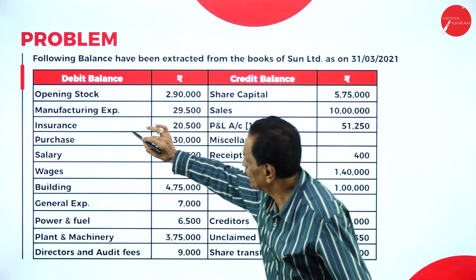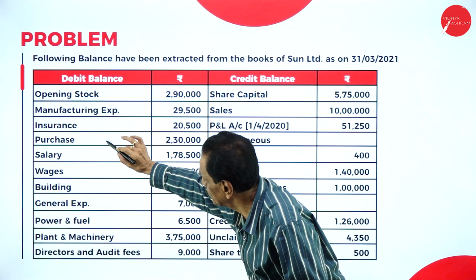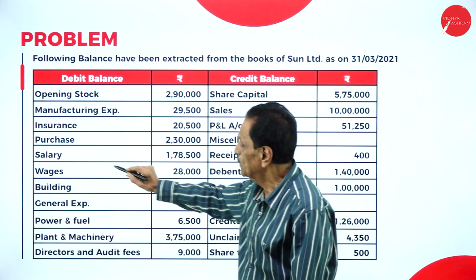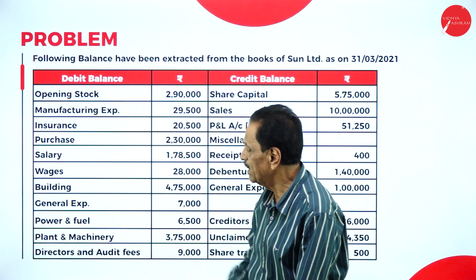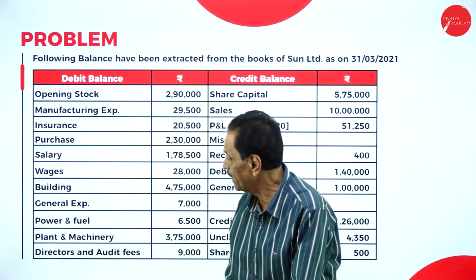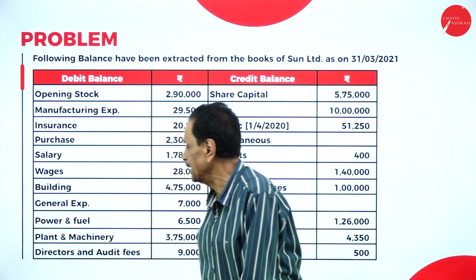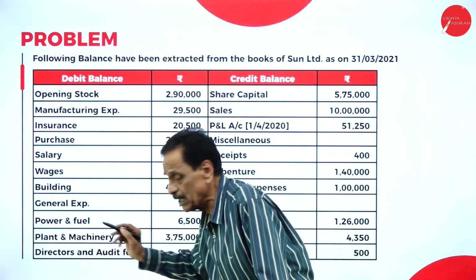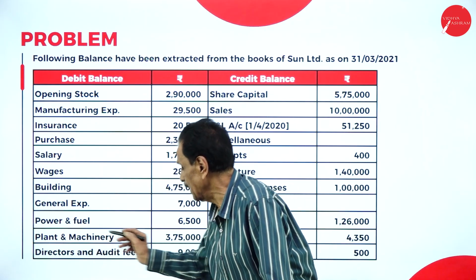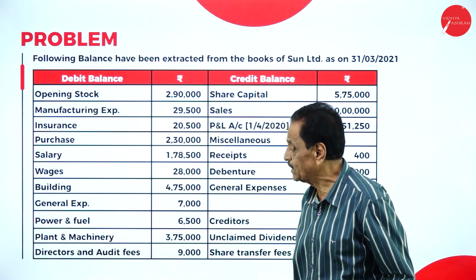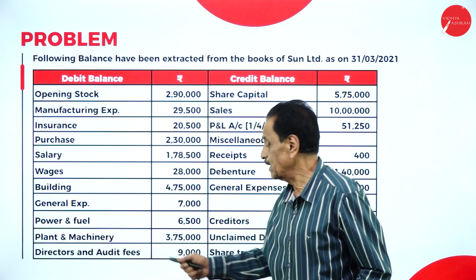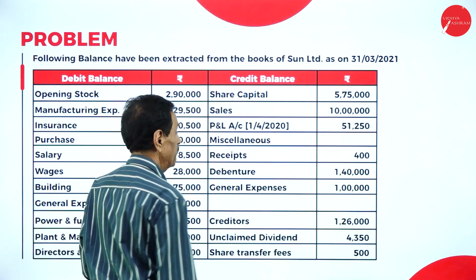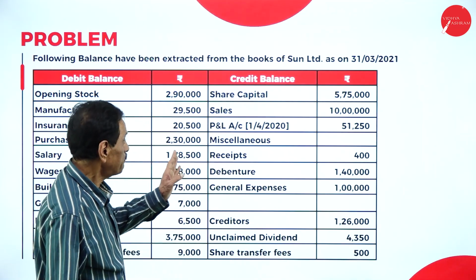So, opening stock, manufacturing expenses, insurance and expenditure, purchases with regard to goods purchased. Salary will come in employee benefit, wages will come in employee benefit. Building is a fixed tangible asset. General expenses is other expenditure. Power and fuel is an expenditure. Plant and machinery is a fixed tangible asset. Director and auditor fees is an operating expense. Share capital will come under note number 1.